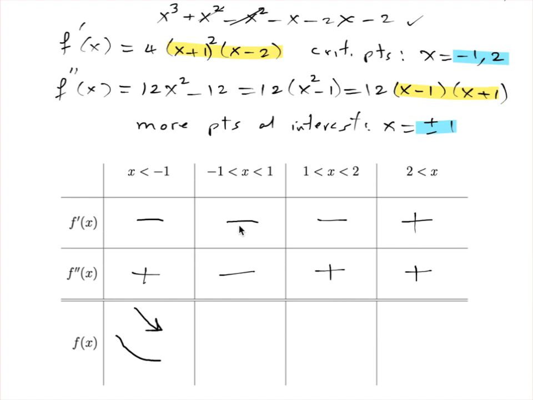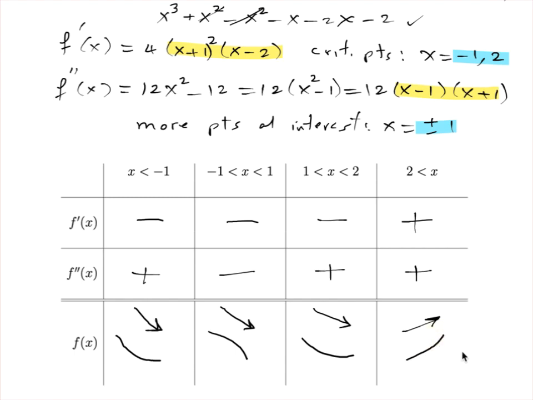Here f prime is negative, so it's decreasing. F double prime is negative, so concavity is downward. F prime negative, decreasing. F double prime positive, concavity upward. F prime positive means increasing. F double prime positive, concavity upward.